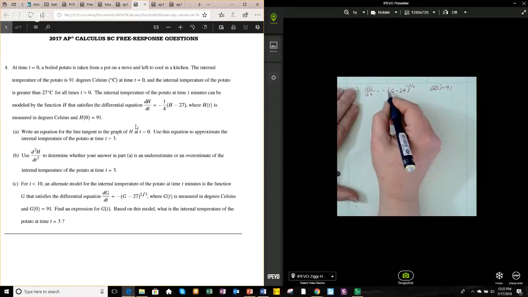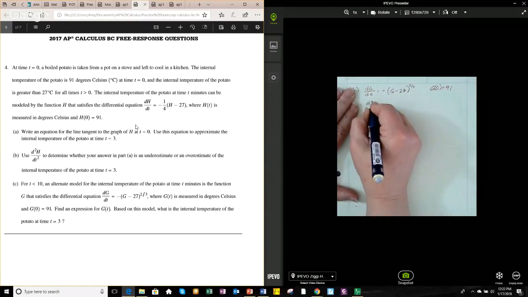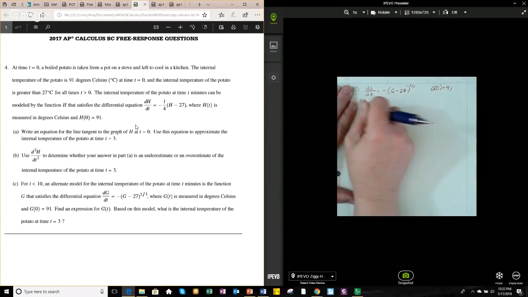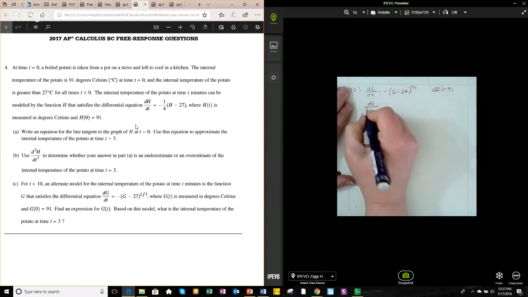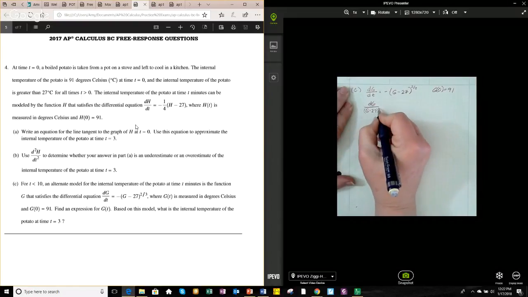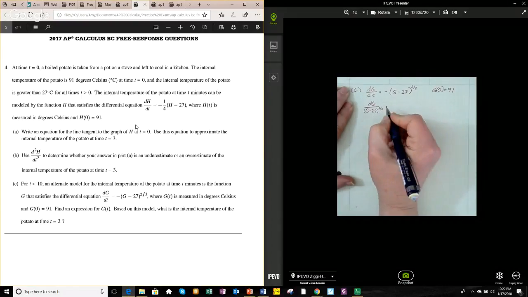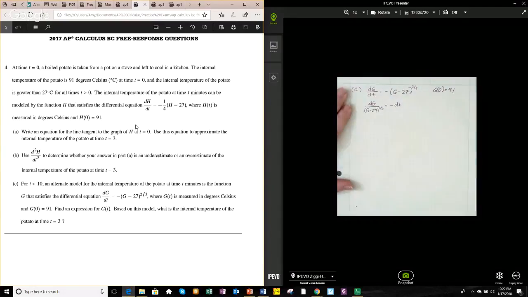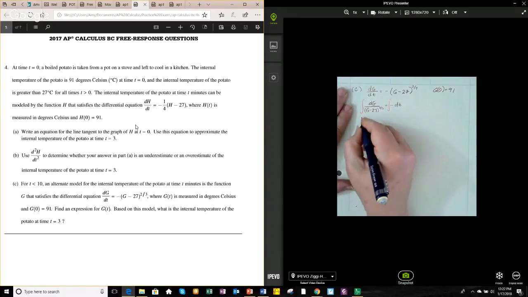So we're going to leave the negative over here. So we're going to say dg over g minus 27 to the 2/3 equals negative dt. And I'm going to pull out the magic integral marker now. And to integrate this, I'm going to make this a negative exponent here.